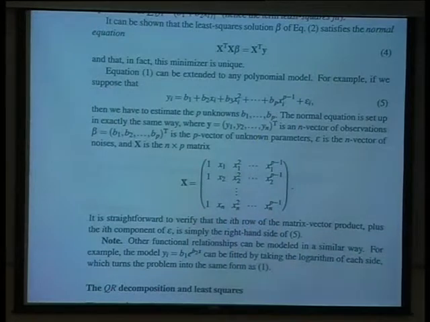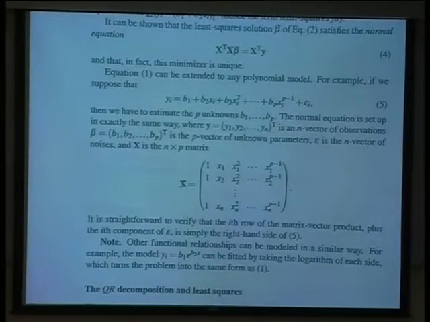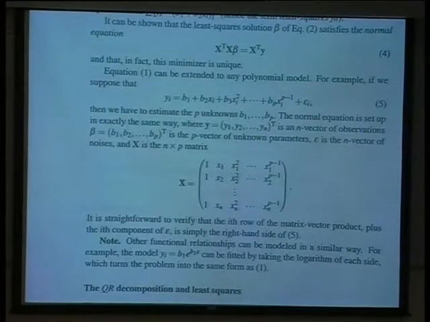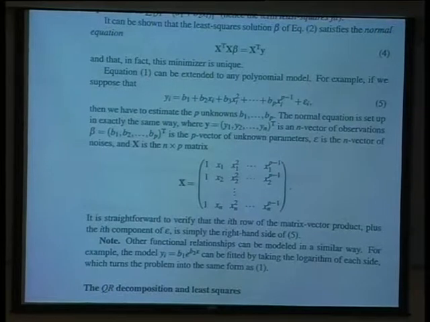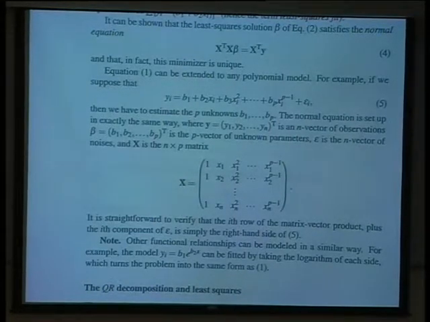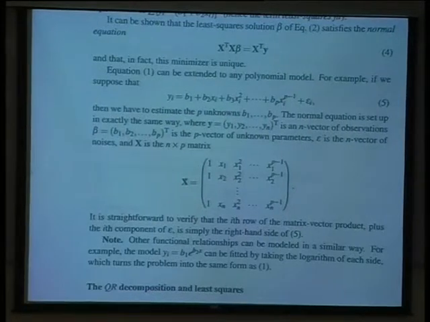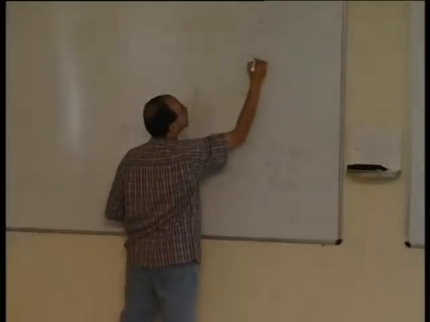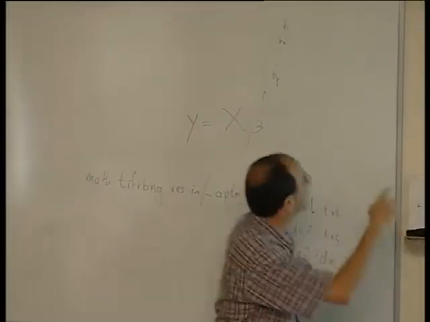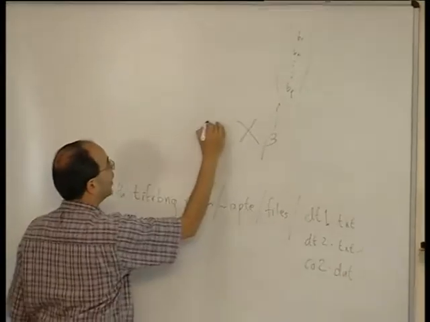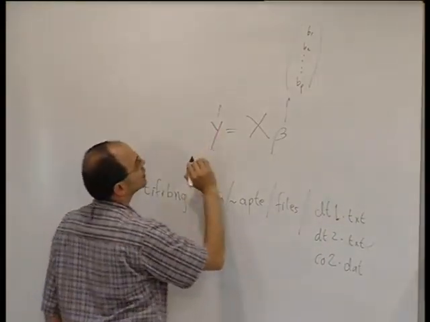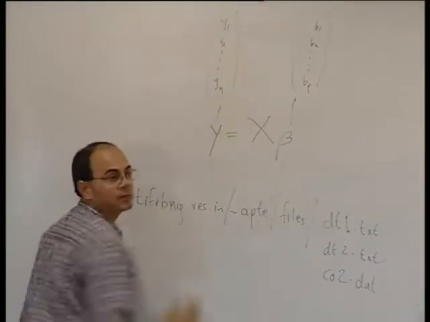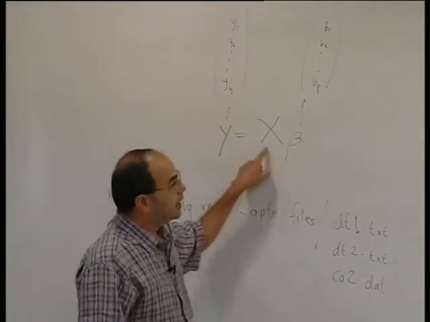The P minus 1th order curve fitting reduces to the form y is equal to x beta, where beta is B1, B2 all the way up to BP, and y are your data points, y1, y2 up to yn, and x is what is there.